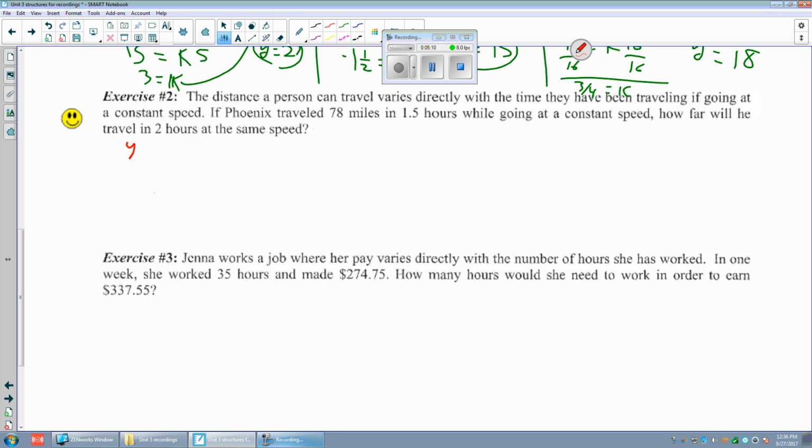Let me see. Y equals kx. I wonder what the constant speed is. So that's the constant speed that we don't know: k. 1.5 hours. Remember, x is always independent. Time is always independent.